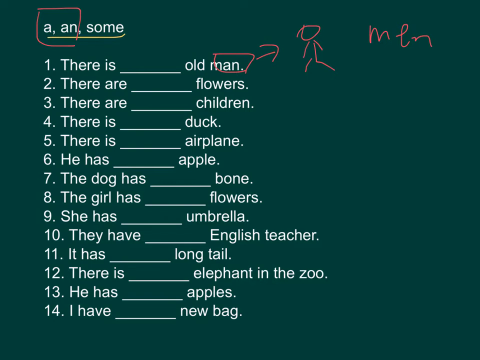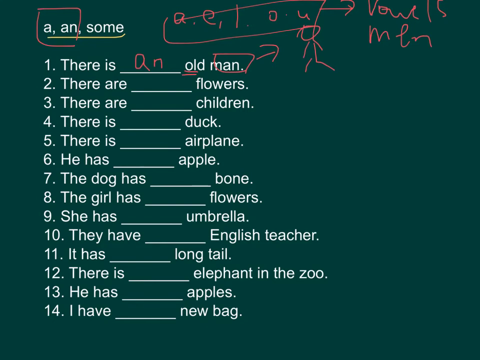So we have to see the word after the article. Old. So we have O here. As I said, A-E-I-O-U, these 5 letters are considered as vowels. And if we see these letters, then we have to use an. There is an old man.